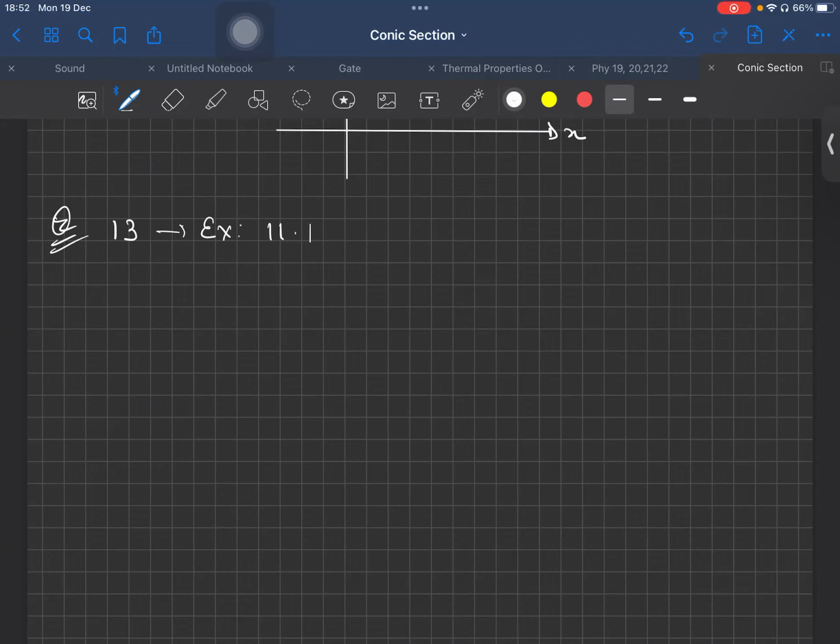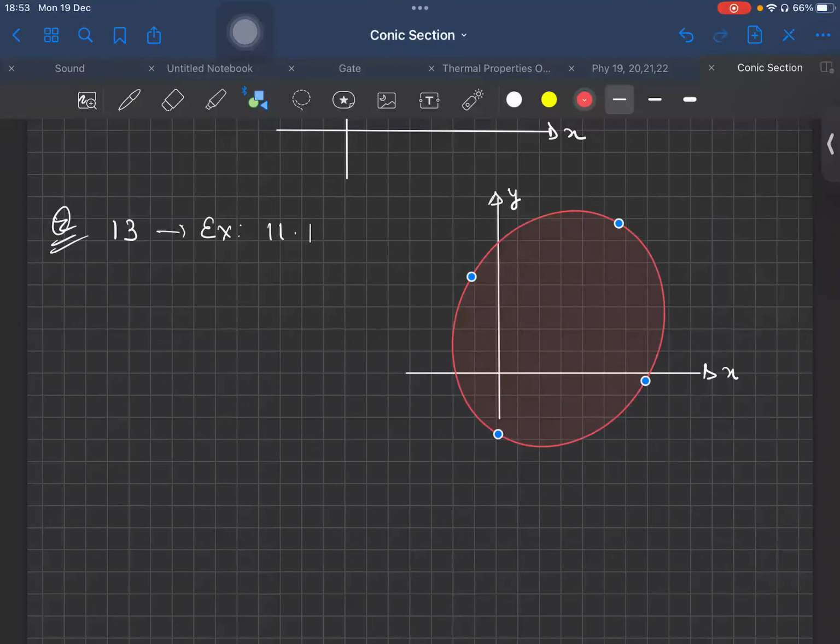Solve question number 13. Whenever you are given a problem, first draw the problem. Like this: it's given y, x, and a circle which is passing through the origin. We just had this type of circle, right? Let's say this is the circle passing through the origin. So one point is given, (0, 0).